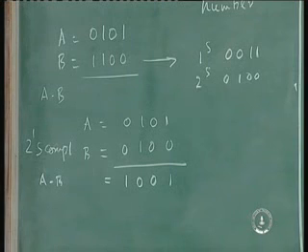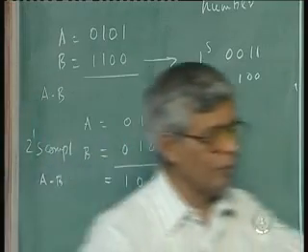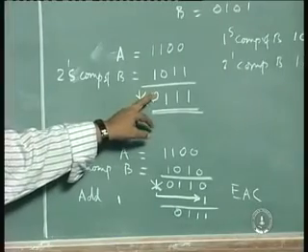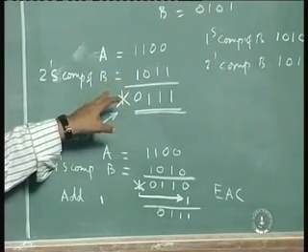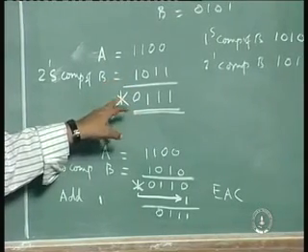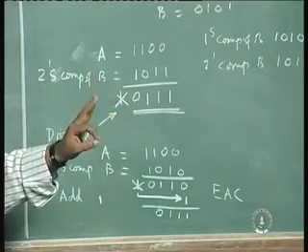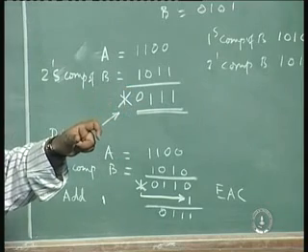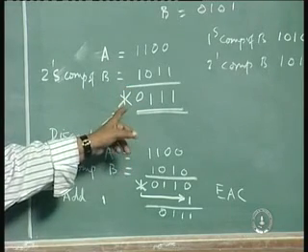Now, there is no carry here, you see, significantly. There is a carry here, and a 0 in the last digit. So, when there is a 0 in the last digit and a carry, it represents the positive result. Whenever the difference is positive, you will have a 0 in the last bit position of interest, and this 1 which is going to be discarded.